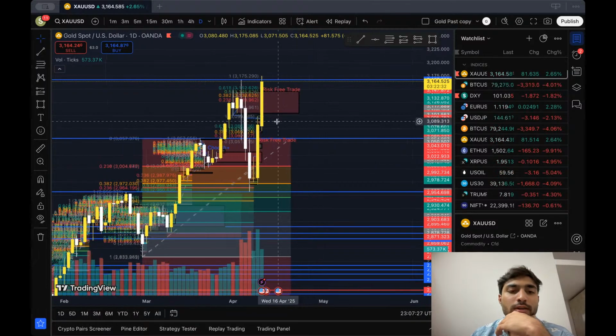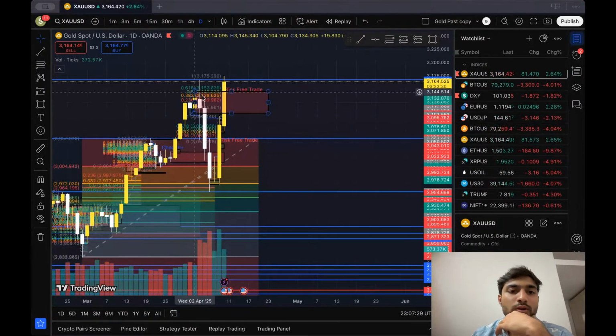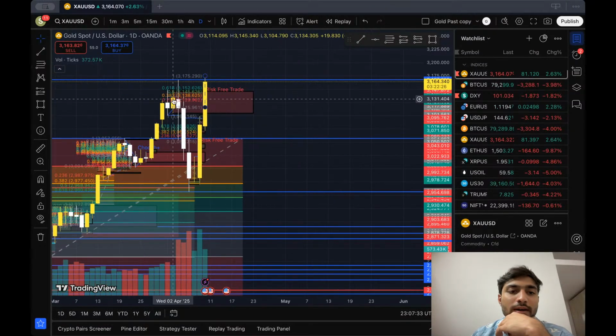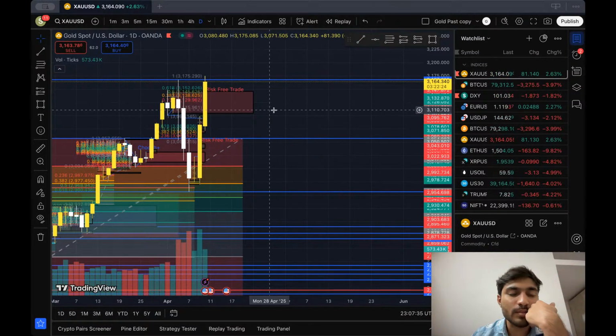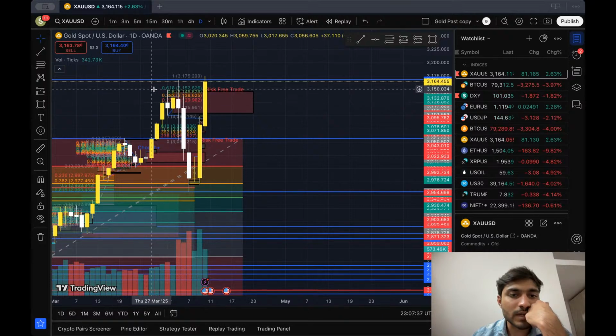So what I'm trying to say is, yes, this would be the order block. The red candle would be the order block, or the green candle. Both look the same to me because they are at the same levels.